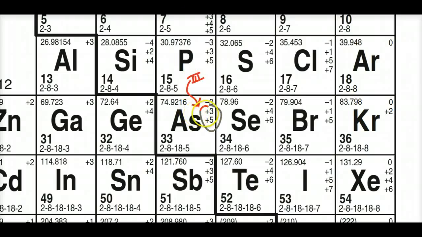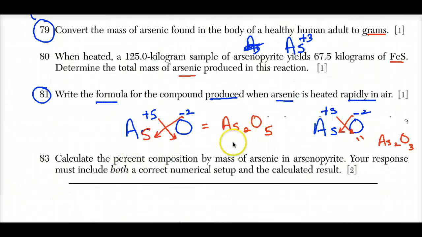So arsenic oxide can take two different forms, one with the arsenic Roman numeral 3, or the arsenic plus 5. So that's why they tell me which one. If I had arsenic plus 5, when I crisscross to make my binary compound ending in ide, I would have As2O5.